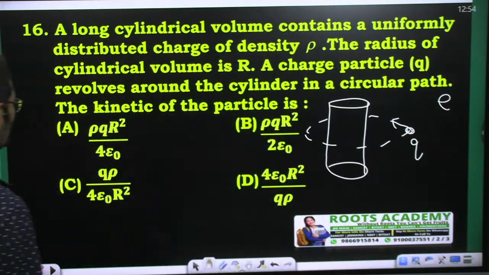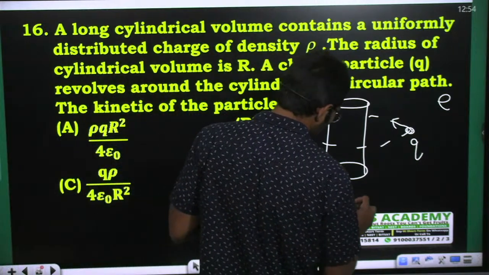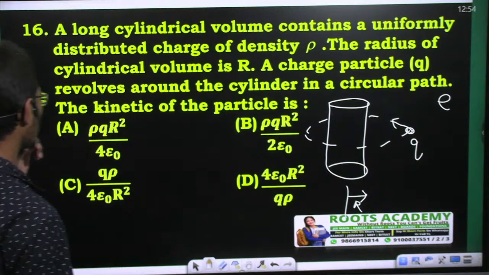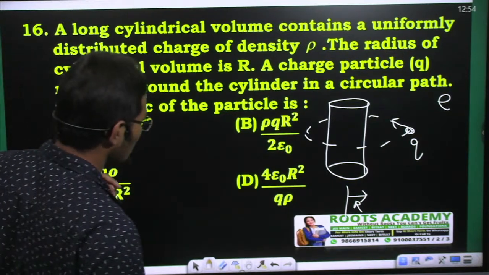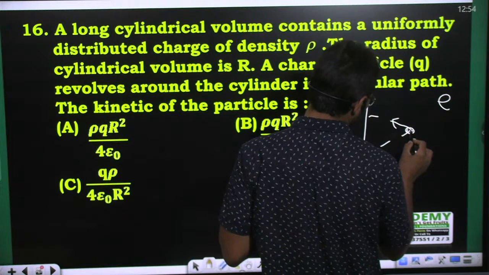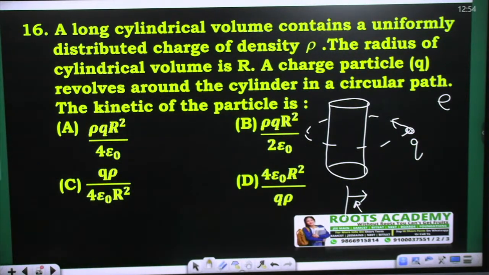The radius of the cylindrical volume is r. The charged particle q revolves around the cylinder. So for it to revolve around the cylinder, how do you solve this?